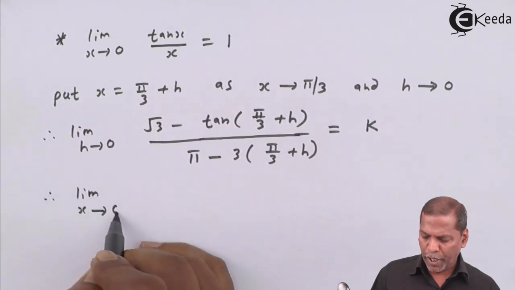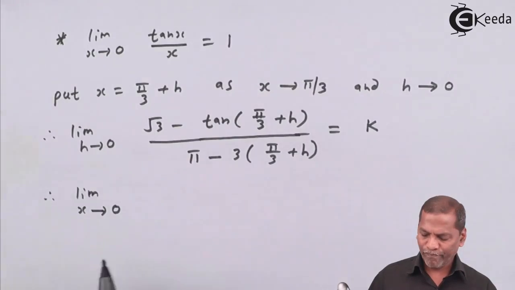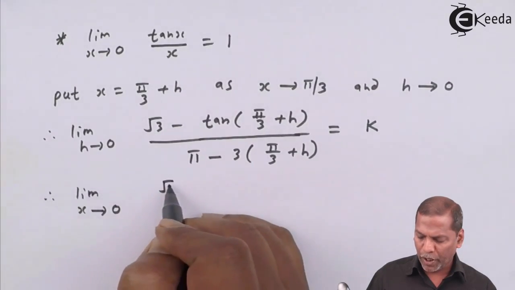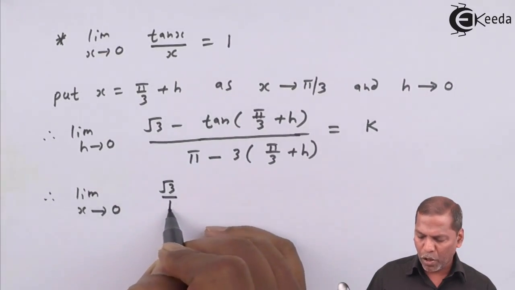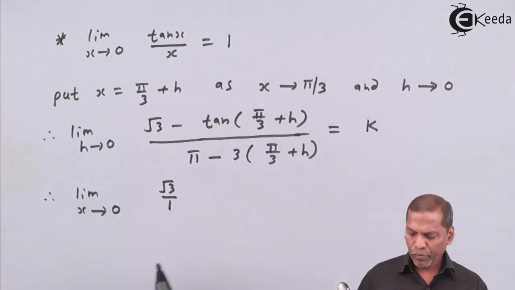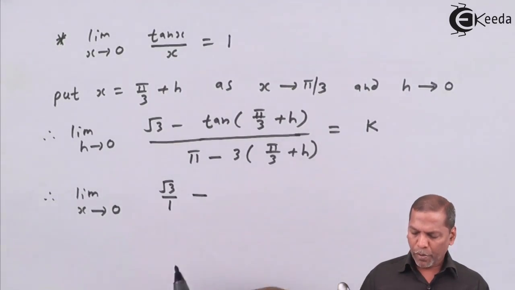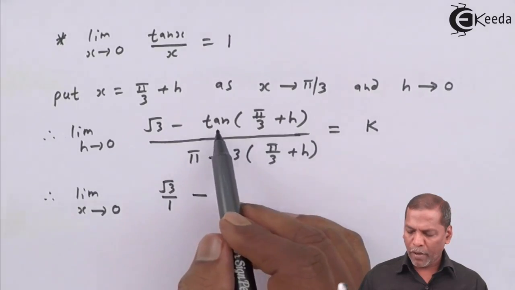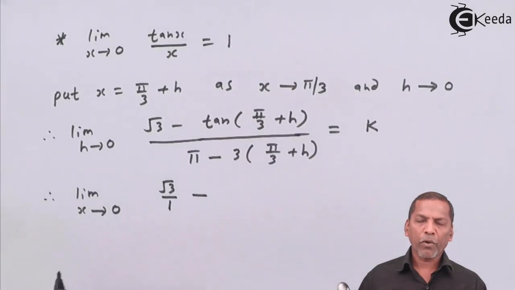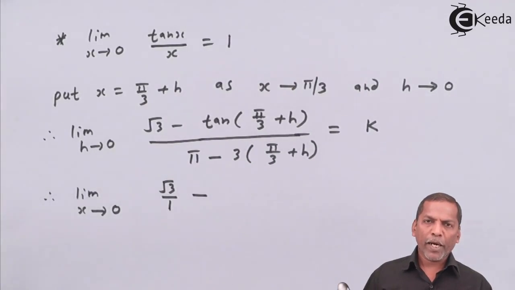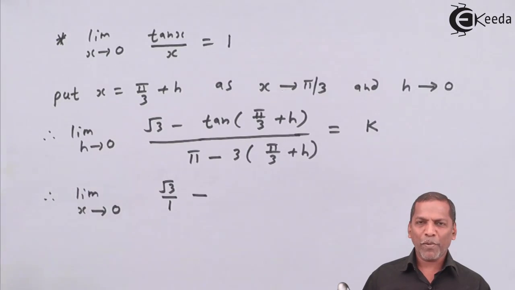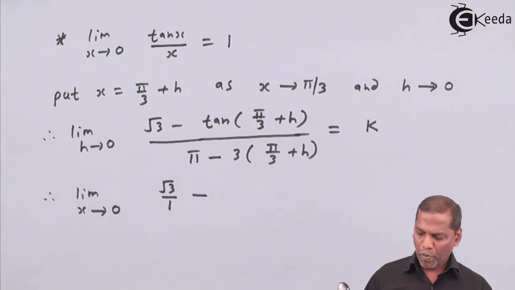So here we write root 3 as root 3 upon 1. Then minus. Now for tan of (pi by 3 plus h) we apply the trigonometric formula that tan of (A plus B) is equal to (tan A plus tan B) upon (1 minus tan A into tan B).